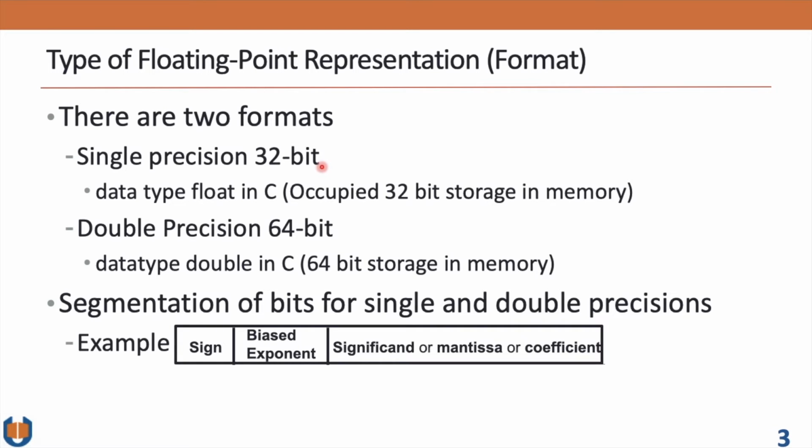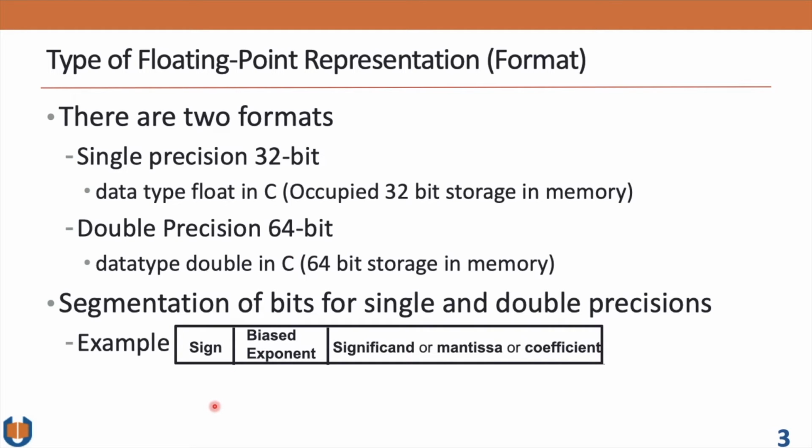For example, once you program in C language, you have to define a data type to store a value in a variable. If you define a data type called float, it occupies 32 bits of memory. That means it's a single precision or 32 bit floating point number. The same thing is the double precision, 64 bit.